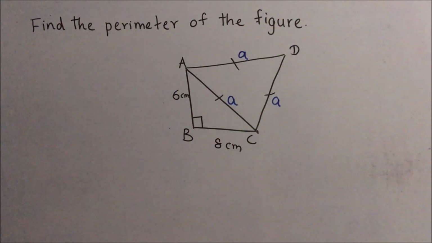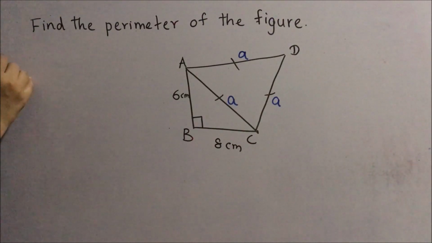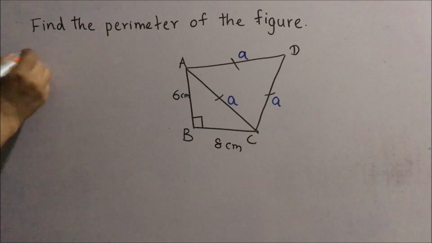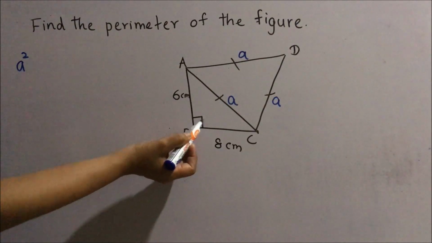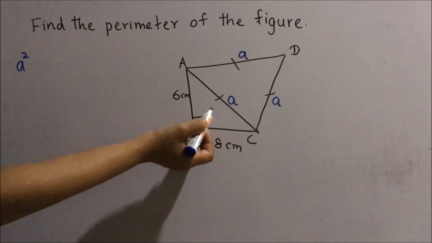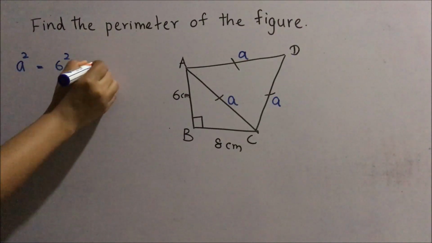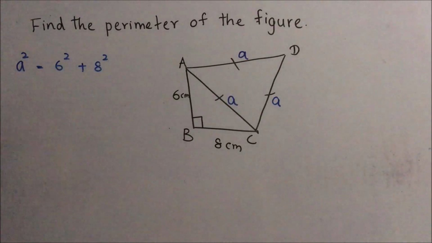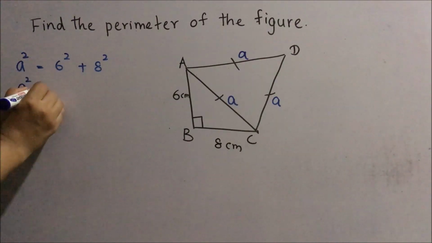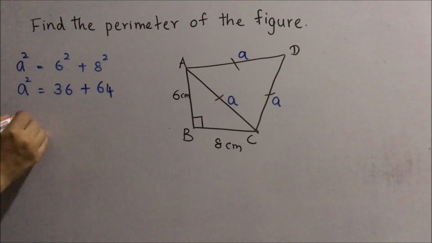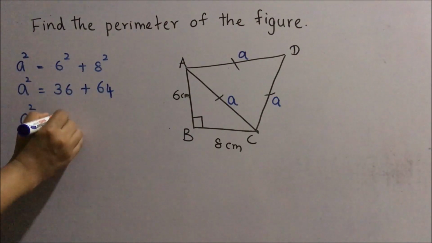Now let's apply the Pythagoras relation to the ABC triangle. Then A square, the side opposite to the right angle, the hypotenuse, A square equals 6 square plus 8 square. Then A square equals 36 plus 64, A square equals 100.